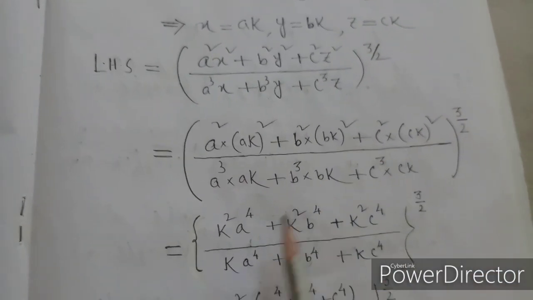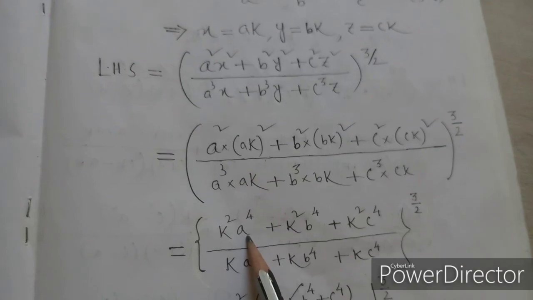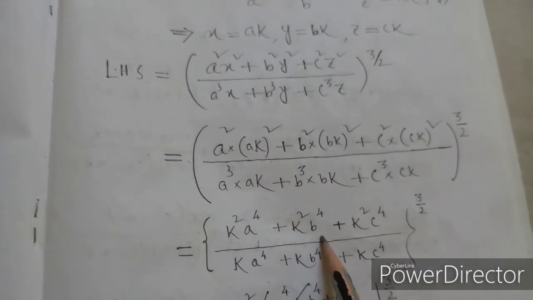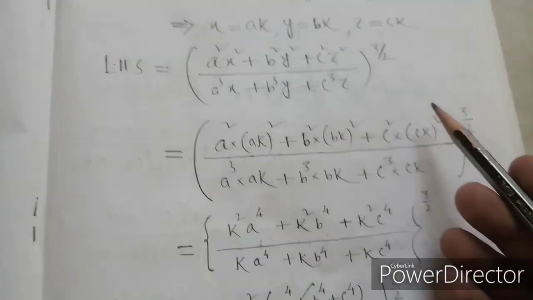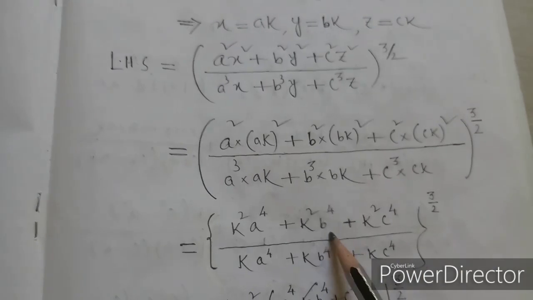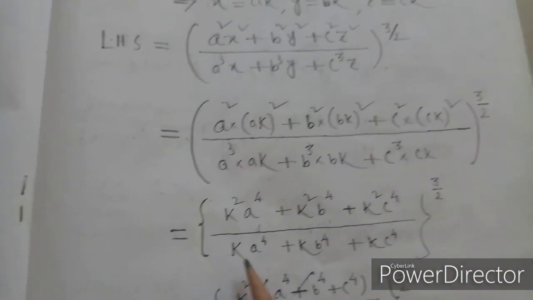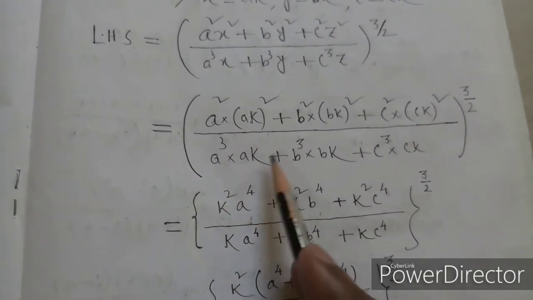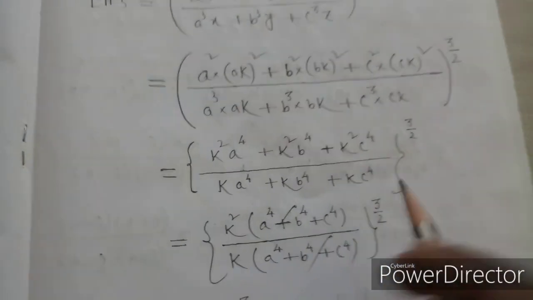So now from the numerator, this should be a² into a², means a to the power 4, and that should be k², and this should be k² b to the power 4, since (bk)² means b²k² also. So b² b to the power 4 k² plus c²k² c to the power 4, by a³ into a, how much? a to the power 4, and that is k. So this should be k b to the power 4 plus k c to the power 4.